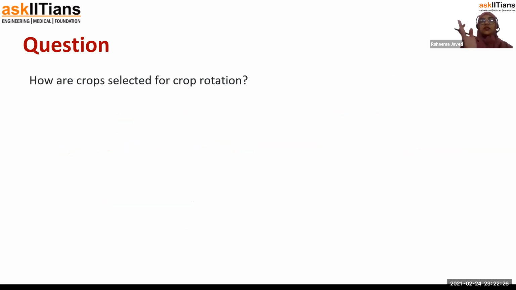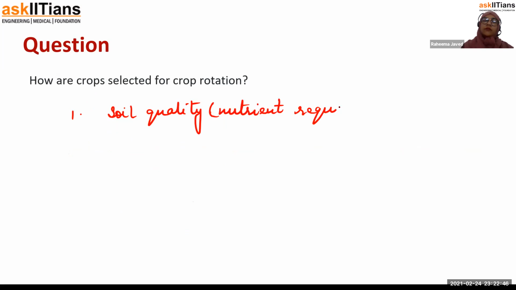Okay. So the next question is, how are crops selected for crop rotation? Crops are selected on the basis of soil quality. The soil quality means the soil nutrient requirement, you can write. The rainfall of that particular place, where the length of the rainfall can also be included.